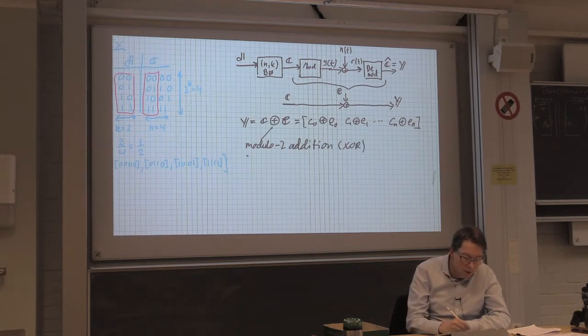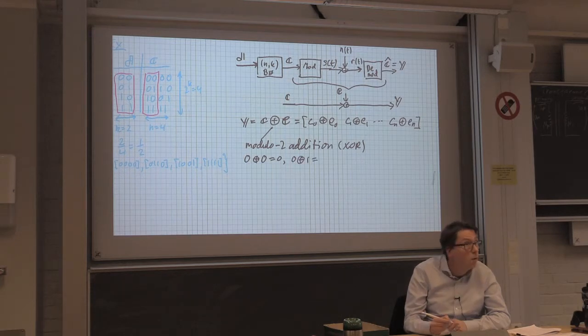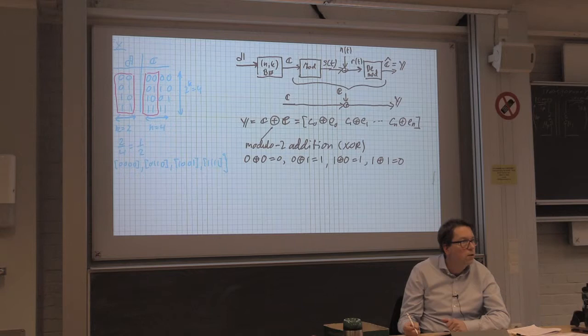So it means that 0 plus 0 is 0. 0 plus 1 is equal to 1. So this is no big surprise. 1 plus 0 is equal to 1. So what is actually new here? Well, the thing is that 1 plus 1 is equal to 0. So that's the big invention here.